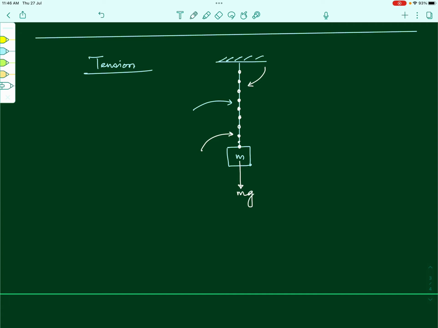Why does that happen? If we go into the molecular details of structures, we know that there is a certain equilibrium distance between any two molecules when they are inside their material, in its lattice. So if x equilibrium is the equilibrium distance between these two particles, whether you take them closer to each other or away from each other, in both cases they will try to come back to the same equilibrium distance.